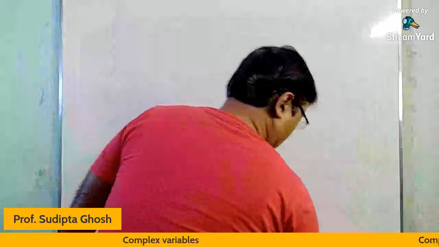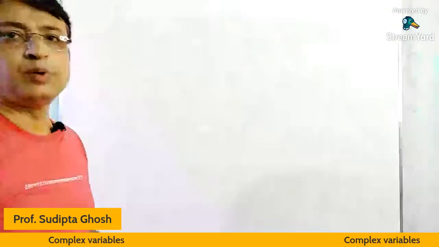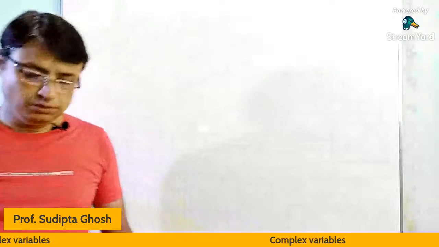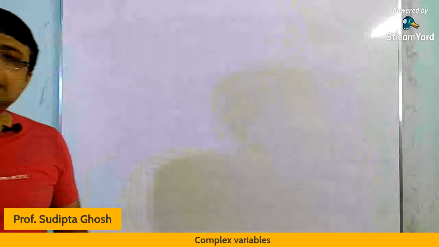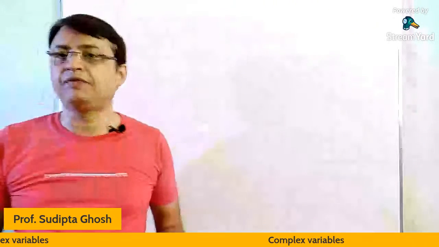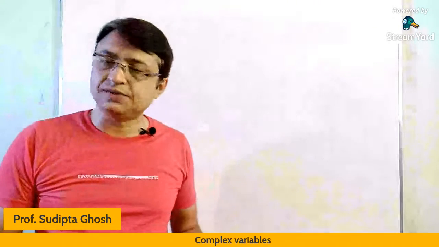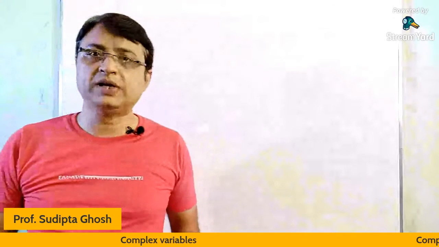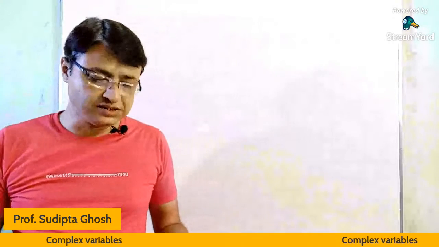Now, number one, the first property is that both real and imaginary parts of an analytic function satisfy Laplace's equation in two dimensions.